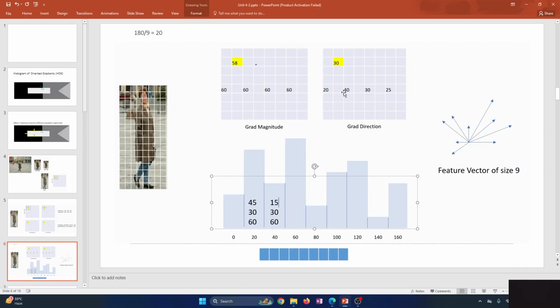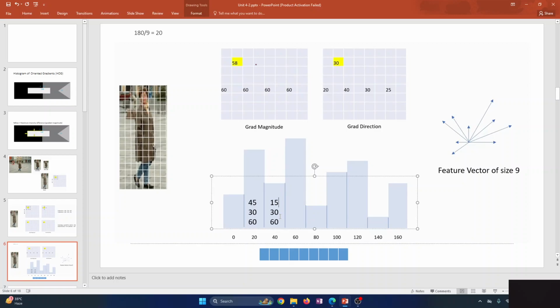So from left to right scanning, first we saw that there is a 20-degree angle, and the corresponding value is 60, so we directly write 60 over here. Now next is 40. 40 is provided here, so we directly wrote the corresponding value here. Now next is 30. 30 is equally far from 20 and 40, so we equally divided this 60 into two parts. 30 is written here, 30 is written here.